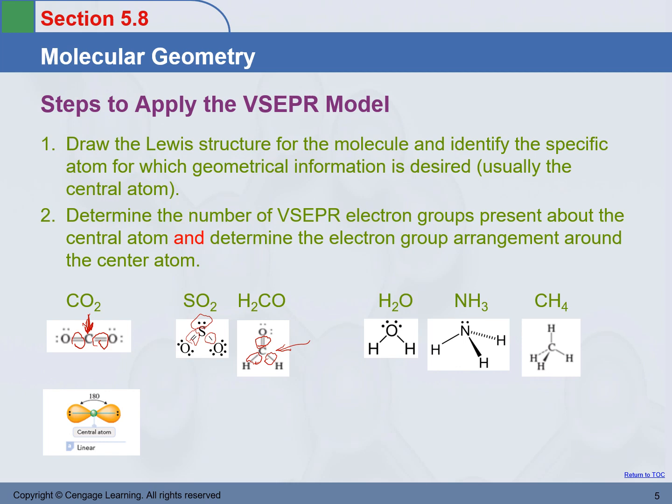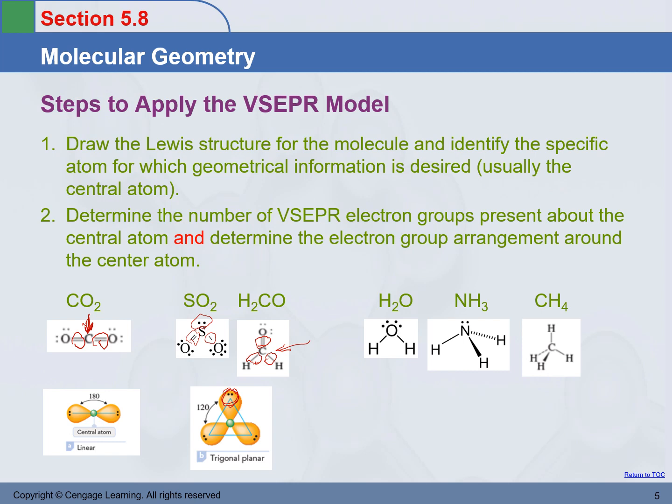Both of these molecules, each one of them has 3 groups of electrons around the center atom. Do you remember the final arrangement of those electron groups? Trigonal planar. They put only 2 electrons here. It doesn't matter if it's 2 or 4, or a triple bond in the future, but it has 3 groups.